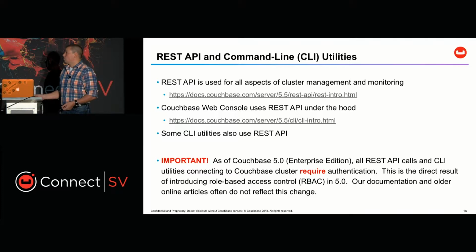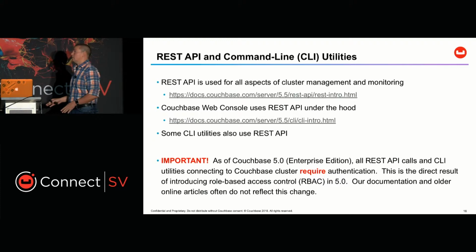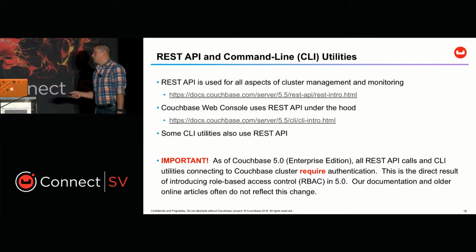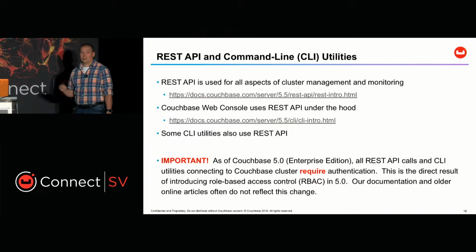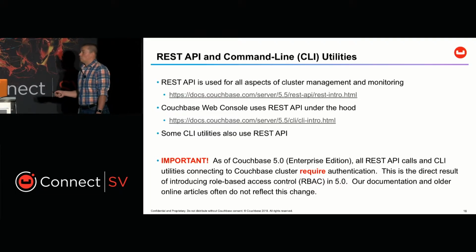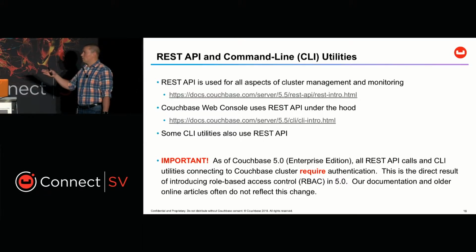Now, one important thing to mention, and again, our documentation guys are doing their best to fix this: you will notice quite a few times in our documentation, and in some older materials for Couchbase version 4.x, very often when we give you the example of how we run the REST API or command line utility, we do not include the authentication information.